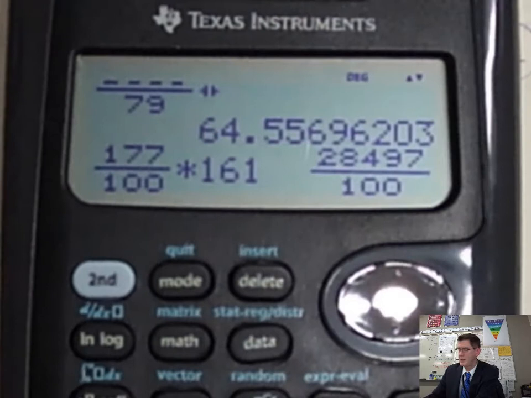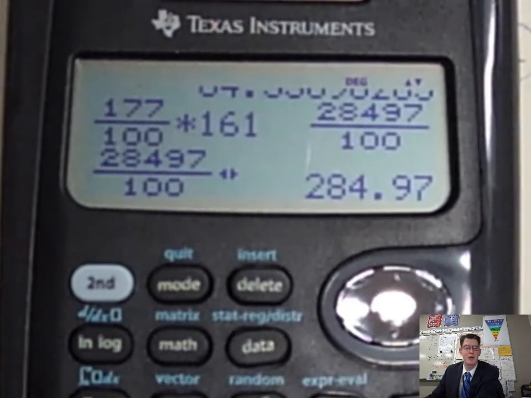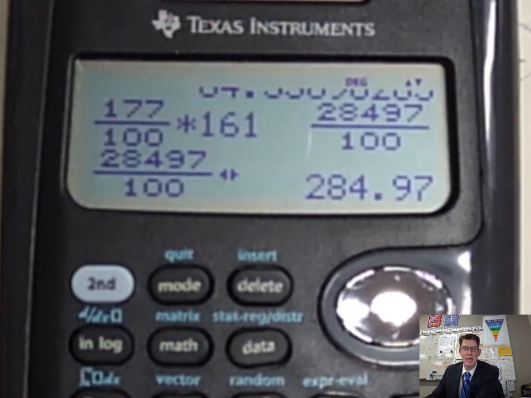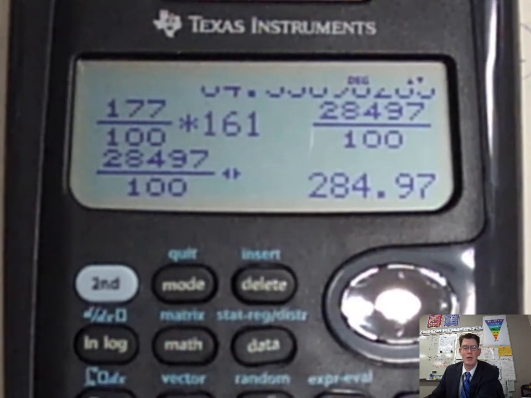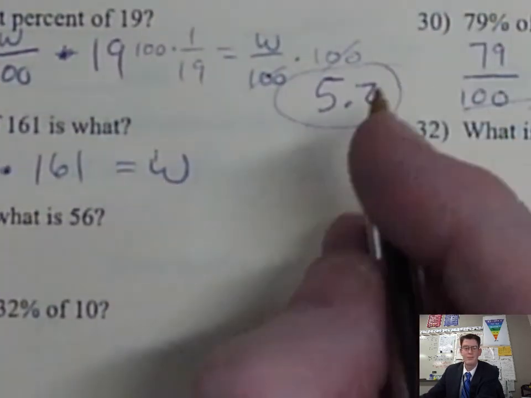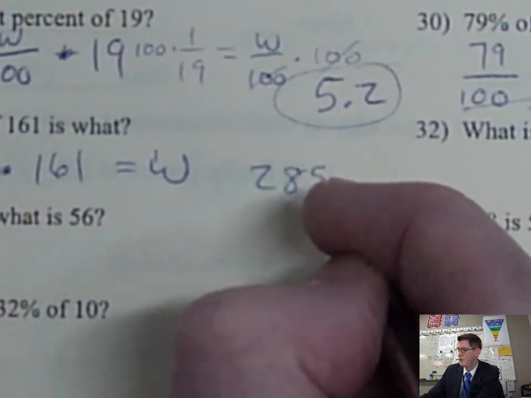I don't know what that means, so I push the button above enter. 284. Oh, I have to round up, so it's 285.